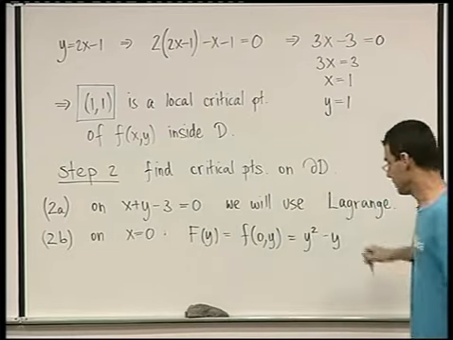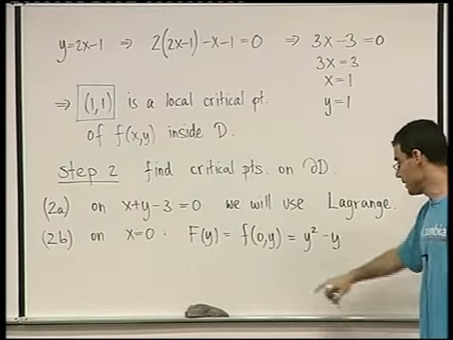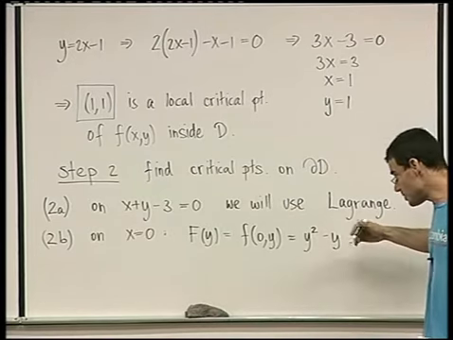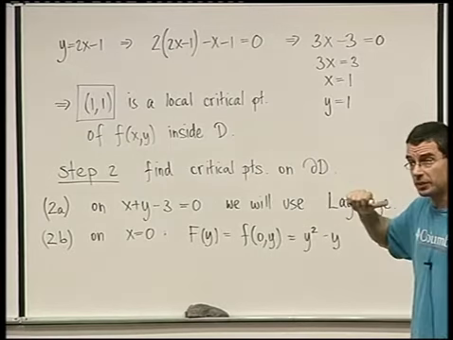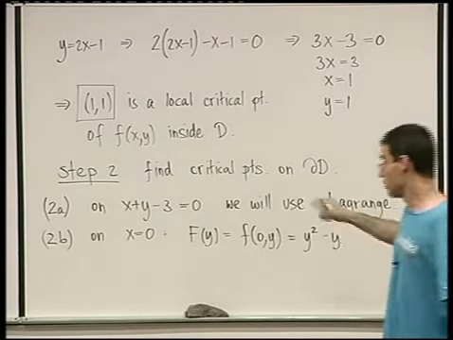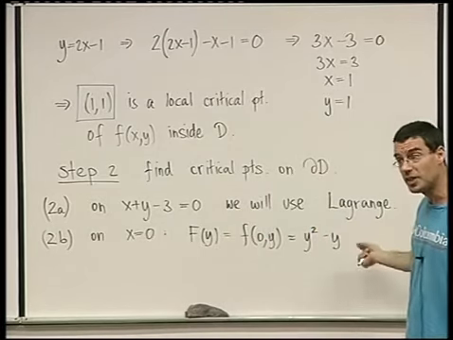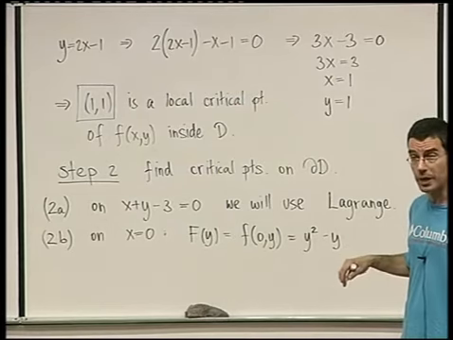This is the function. It's a function of one variable, and we need to find its minima and maxima. Do you agree? This is precisely like what we did before we discussed the method of Lagrange multipliers. Plug the constraint into the function, it becomes a function of a single variable, and find its minima and maxima, just good old Calc 1 way.